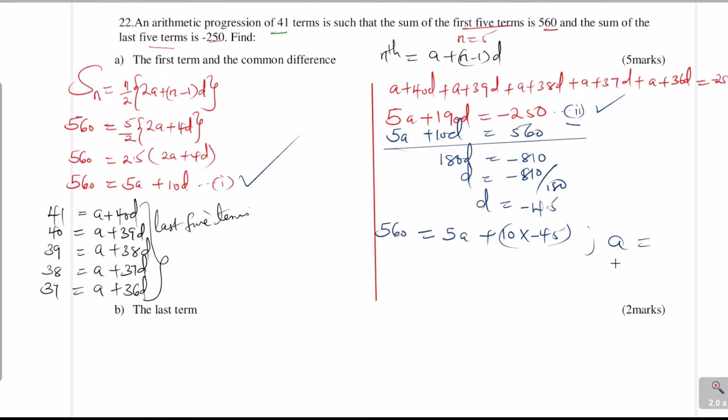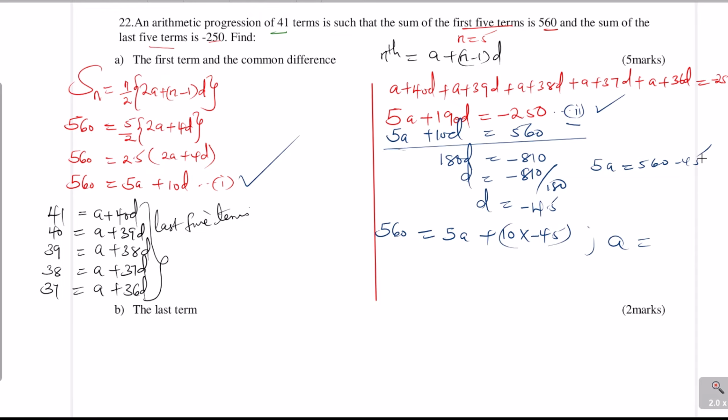When you make a the subject, 5a is equal to 560 minus 45, then you divide by 5.